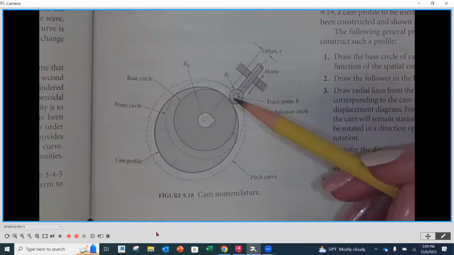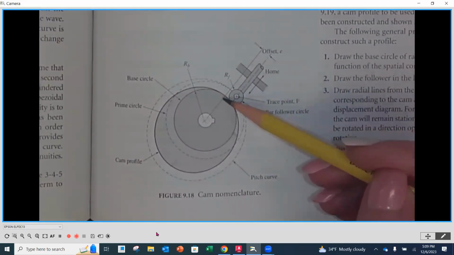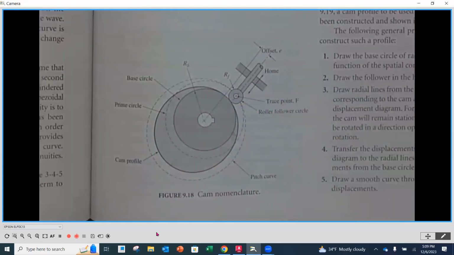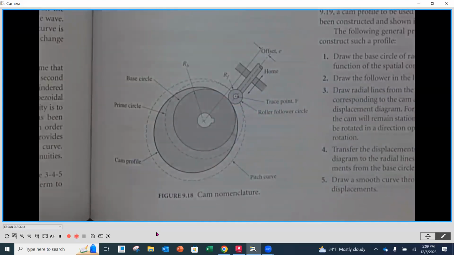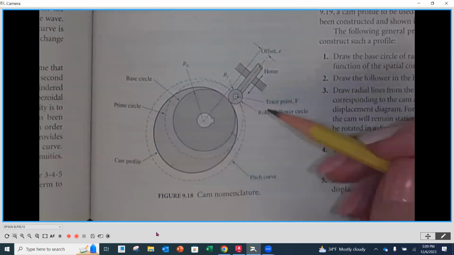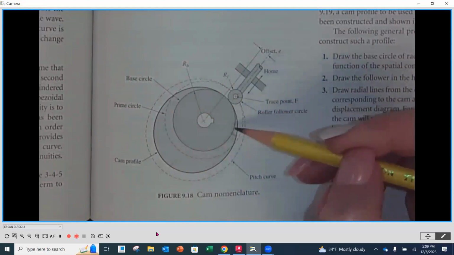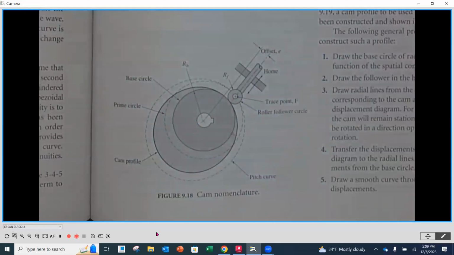Now, as we see what's going on here, you'll notice that we have what we call the base circle. The base circle is the one true circle on here, and it represents the bottom, or the zero, of our displacement diagram. If we were to create a cam that was just a circle, that's going to be our base circle all the way around, and that cam would just sit in that one spot the entire time.